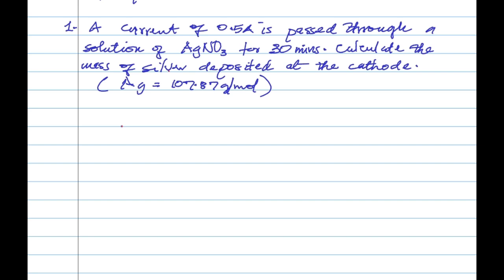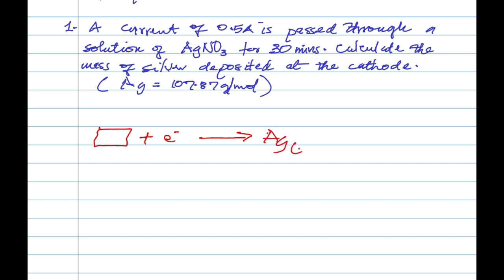Remember, silver is deposited at the cathode, and at the cathode, reduction occurs. So even if you don't know anything about that equation, we know it's going to be something plus electrons, to give us the silver that is deposited, which is Ag.